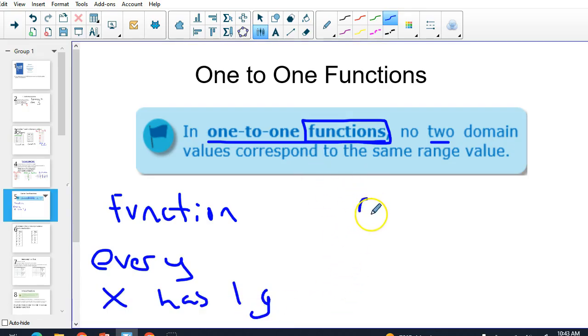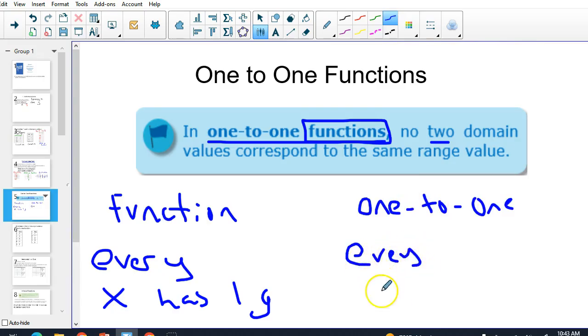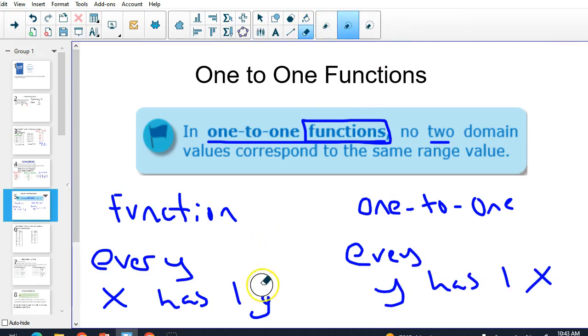With our one-to-one, every y has one x. In fact, what this means is the property that we just found, that we can't have any repeating x's for it to be a function, it's going to be a similar idea. To find if something's one-to-one, we want to make sure that there's no repeating y values. Let's see what this looks like with our tables.